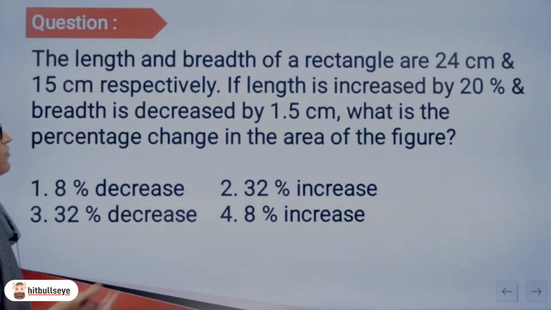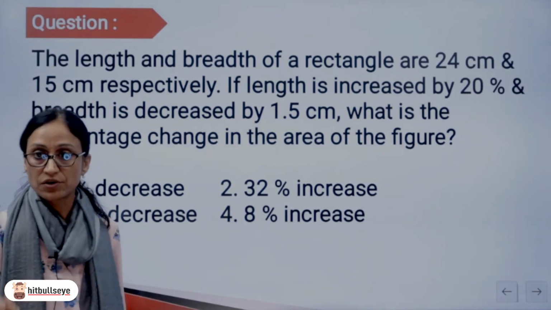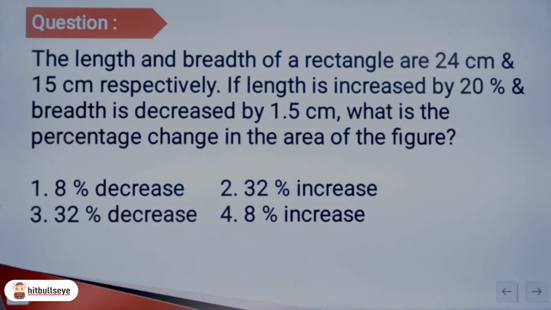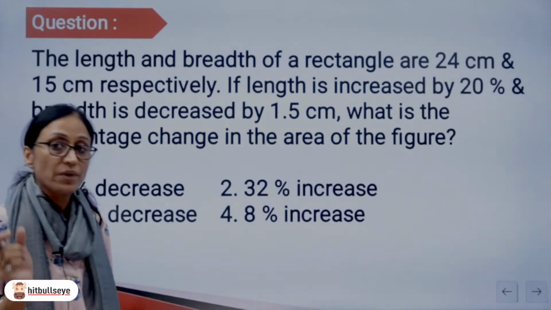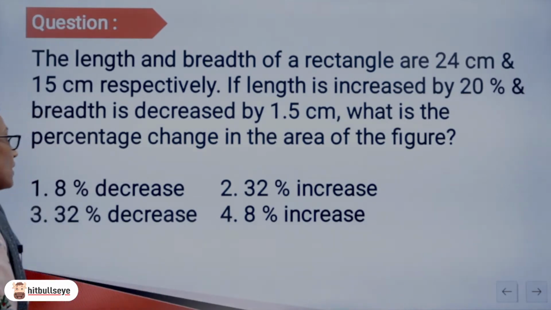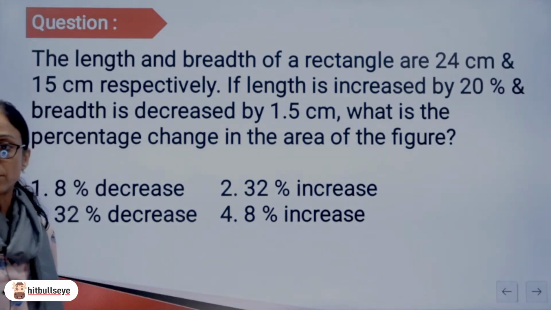The length and breadth of a rectangle are 24 centimeter and 15 centimeter respectively. If the length is increased by 20%, here there is a percentage component. Also, we are told that breadth is increased by 1.5 centimeter. That is a numerical value, not given in percentages. The question then asks what is the percentage change in the area of the figure.